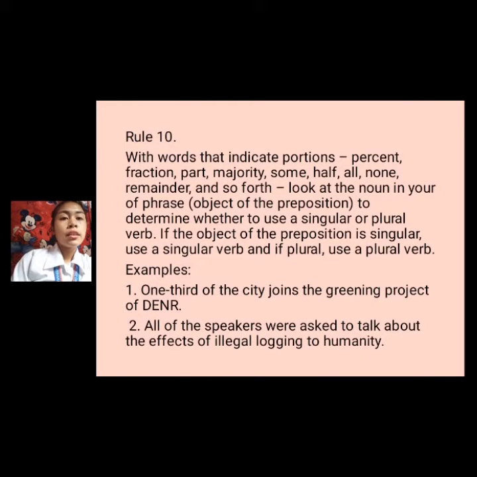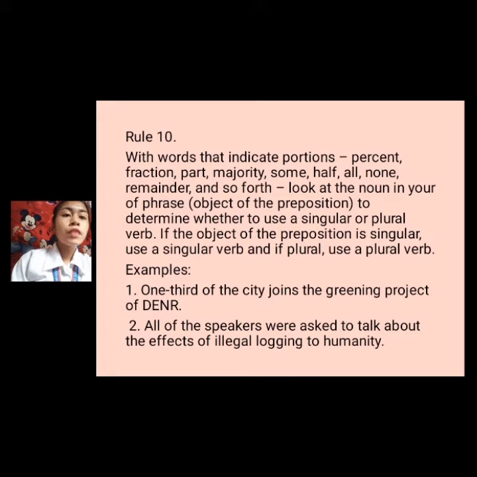Rule number 10. With words that indicate portions, percent, fraction, part, majority, some, half, all, none, remainder, and so forth, look at the noun in your phrase or object of the preposition to determine whether to use a singular or plural verb.